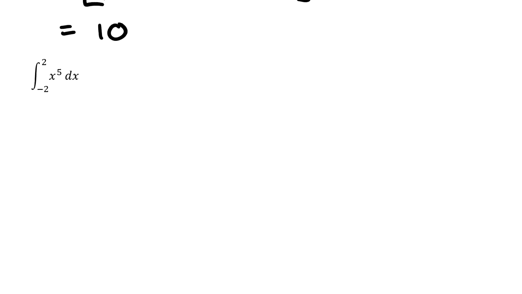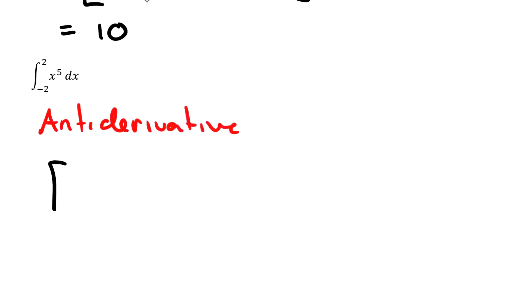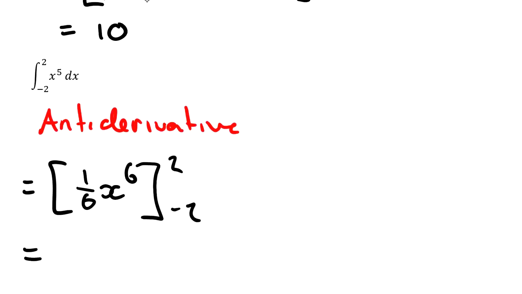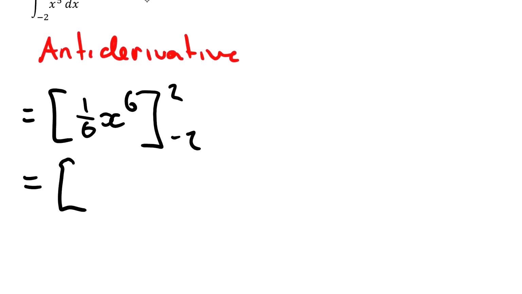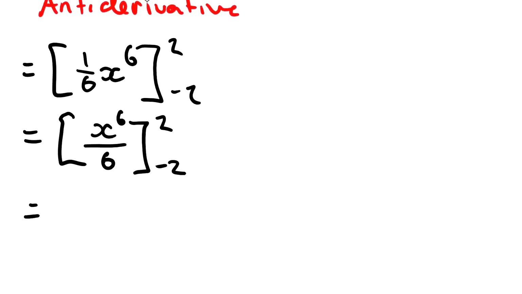So we'll do another one to get your head around it again. So we find our antiderivative first. So x to the 5 becomes x to the 6 with a 1 over 6 out the front. Like that. We can simplify that down. So this becomes x to the 6 over 6, from 2 to 2. Now we can do our substitutions.